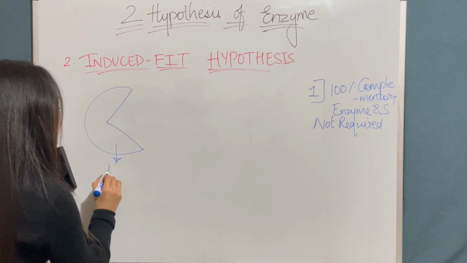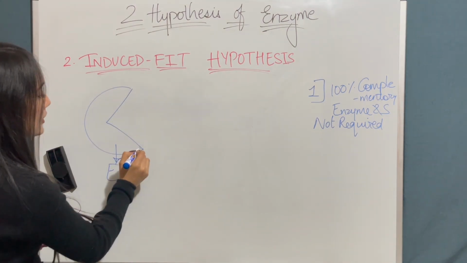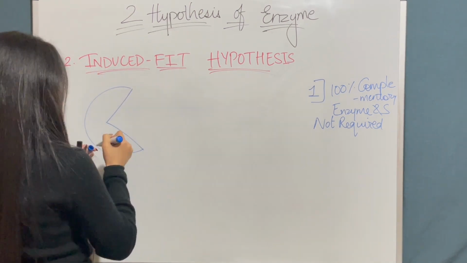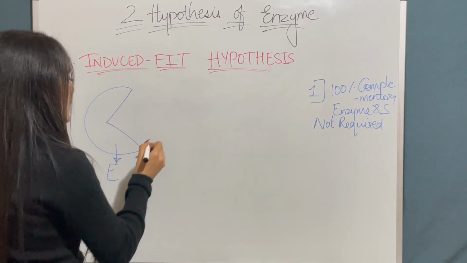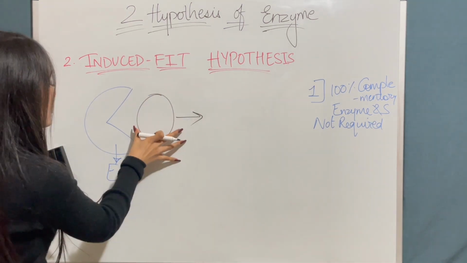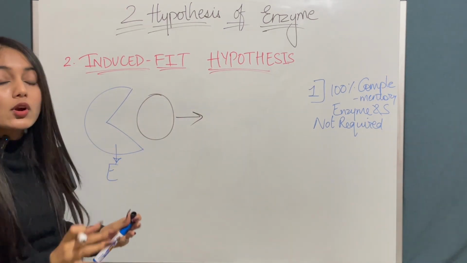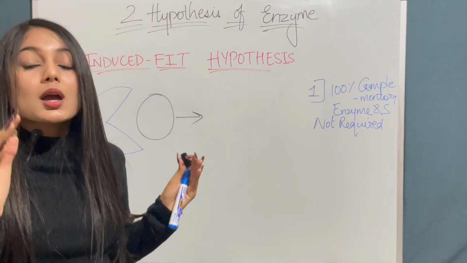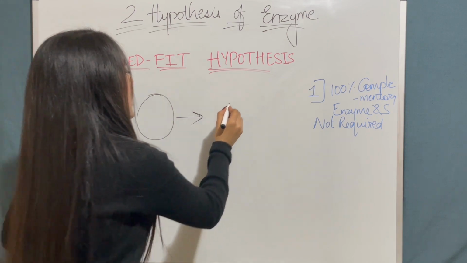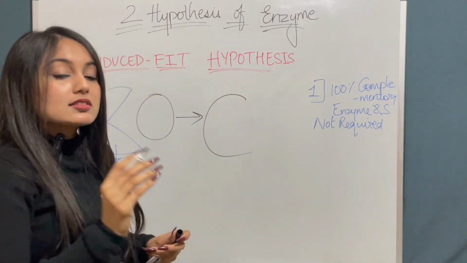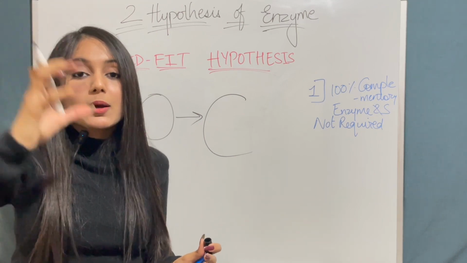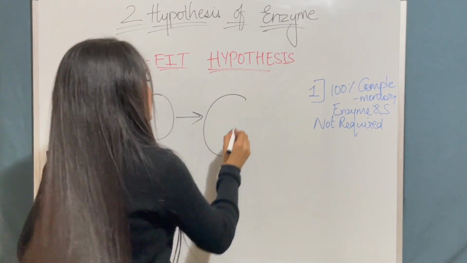If the enzyme has an active site which is a little different from the substrate, let's say this is our substrate, the substrate should not bind to the enzyme according to the lock and key hypothesis. But here, the induced fit hypothesis says that the enzyme has a capacity to change slightly only when the substrate comes and binds to it.